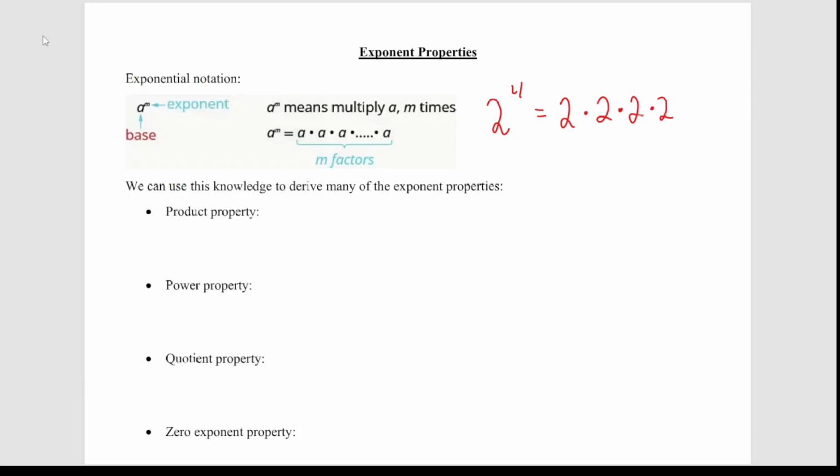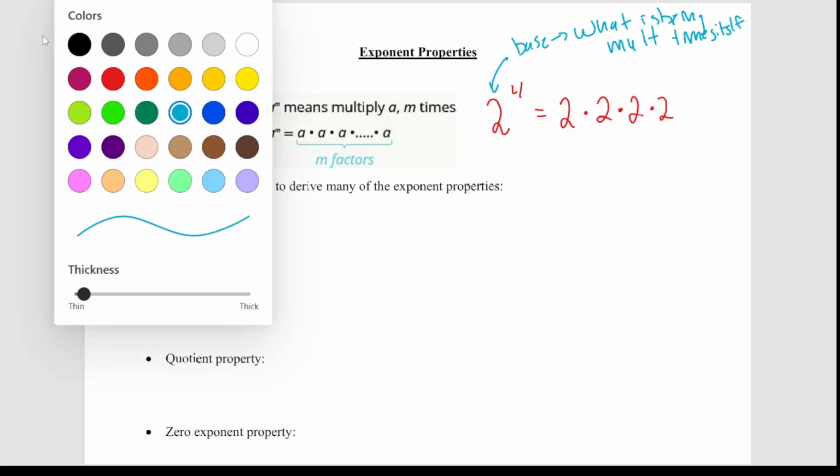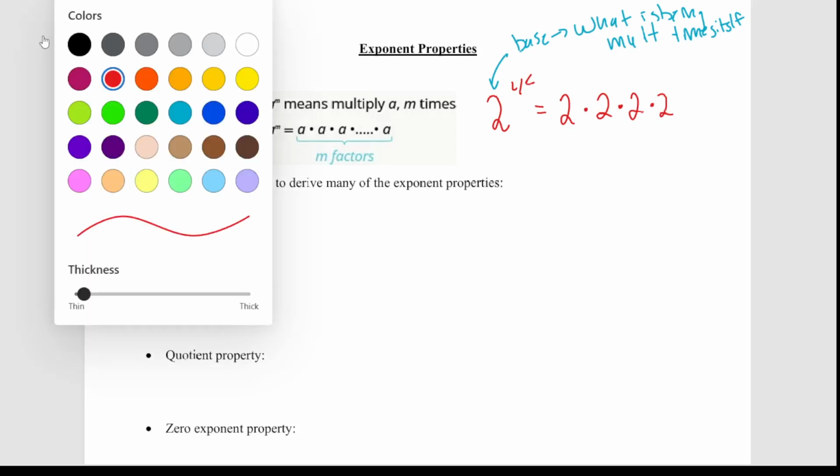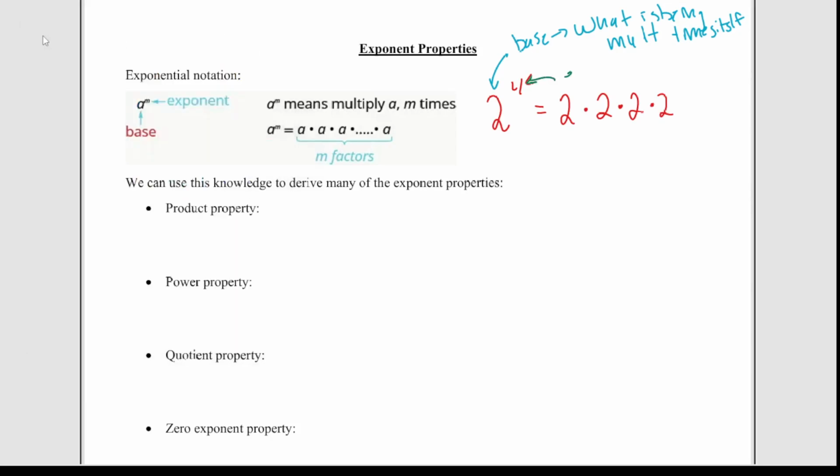So in this case, what you always want to read is that the base tells you what is being multiplied times itself, and then the exponent tells you how many times to multiply. So let's derive some of these.